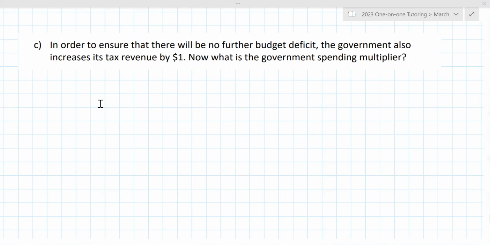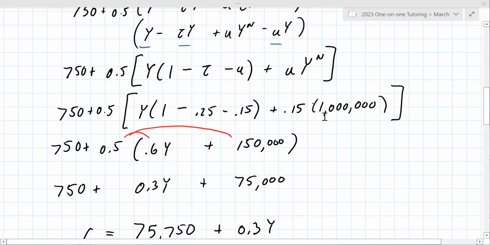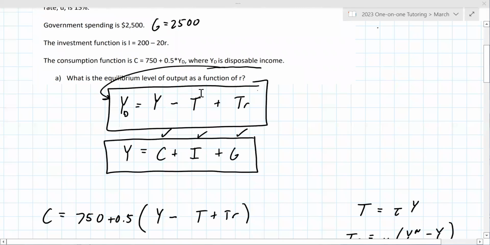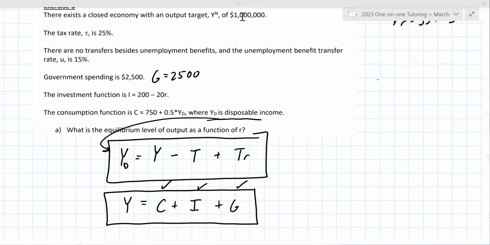Going back, the tax payment was this one right here. The tax rate is 25% of this number, yes, but they're saying it's now $1 less. But the problem I'm seeing is that they subtract 1 in the solution from the unemployment transfer.